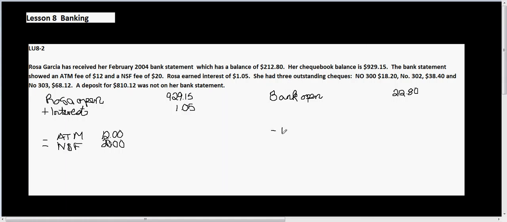So check number 300 for $18.20. And check number 302 for $38.40.